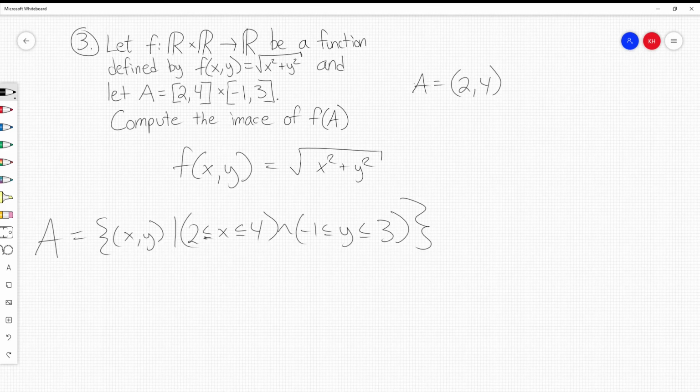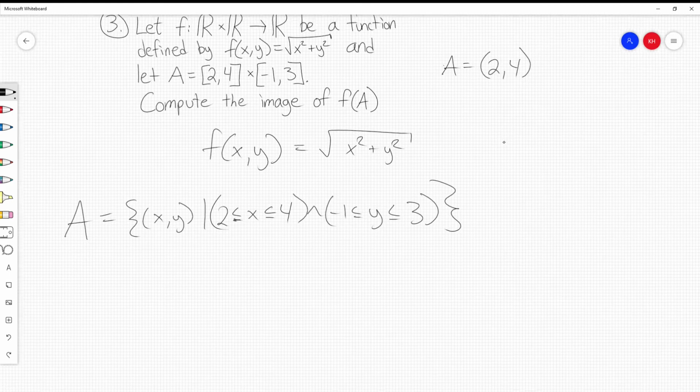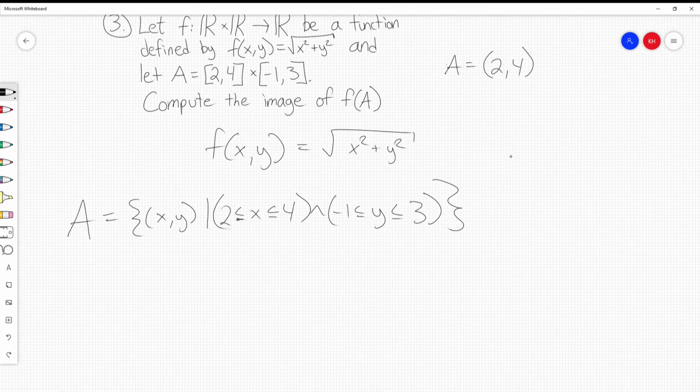And it's asking us to compute the image of the function of A. So we have to give the bounds of what the range is going to have, what values are able to be had, kind of like what's happening with A here. It's giving all of the values possible for x and for y. So f of (x, y) is equal to z, which is equal to the square root of x squared plus y squared.